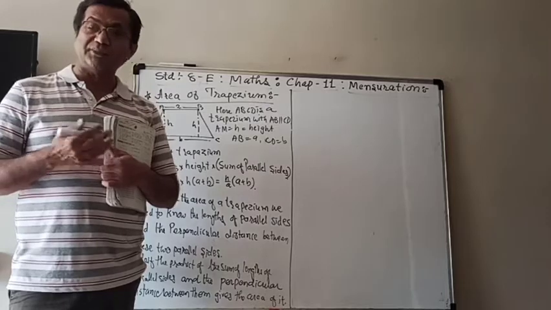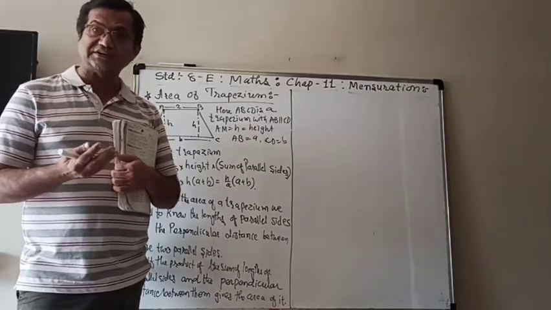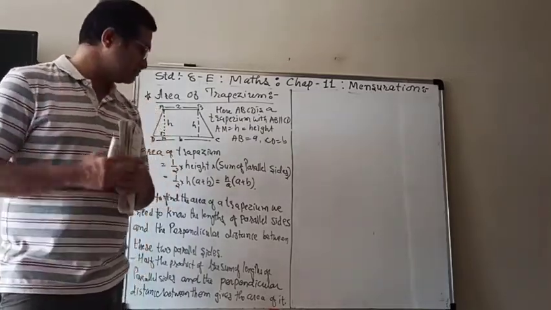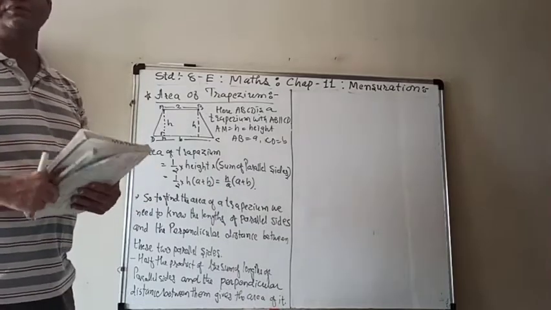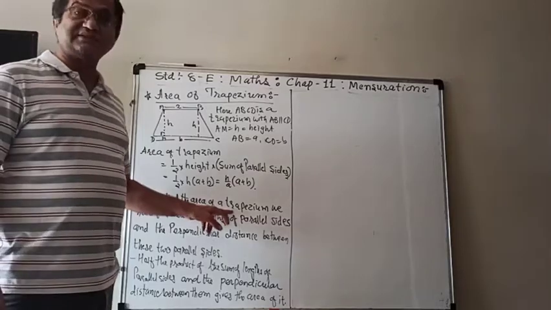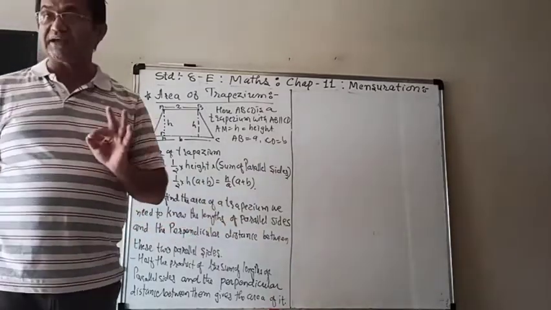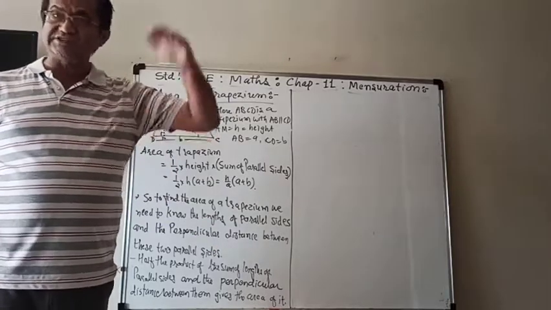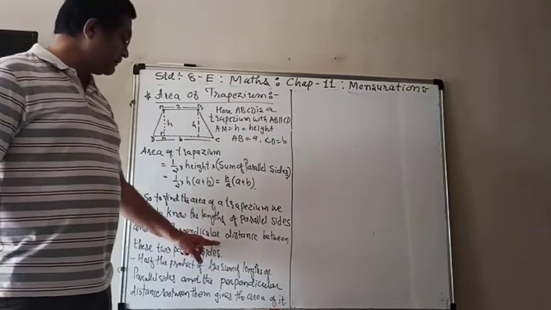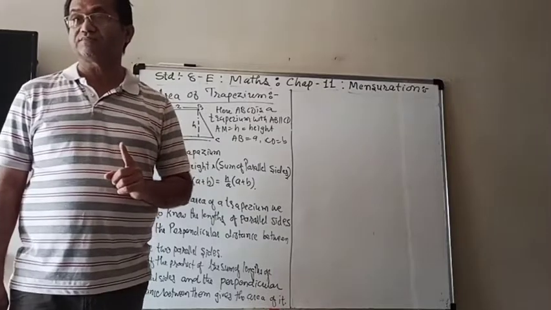So any one height must be known. Now the product of half, then height, and the sum of the parallel lines will give you the area of the trapezium. So to find the area of a trapezium, as I told you, we need to know the lengths of the parallel sides, and the perpendicular distance between these two parallel sides.